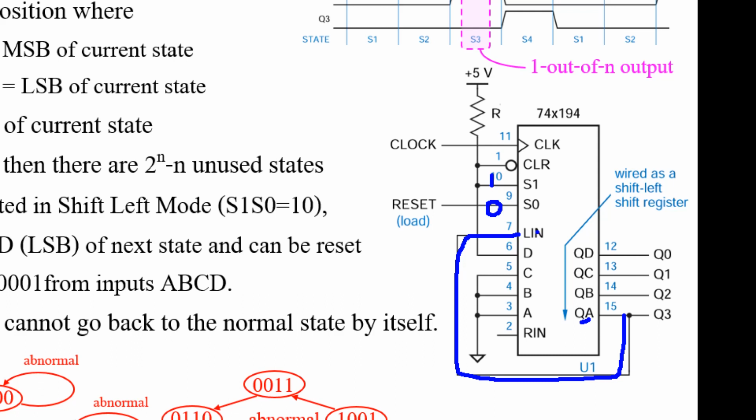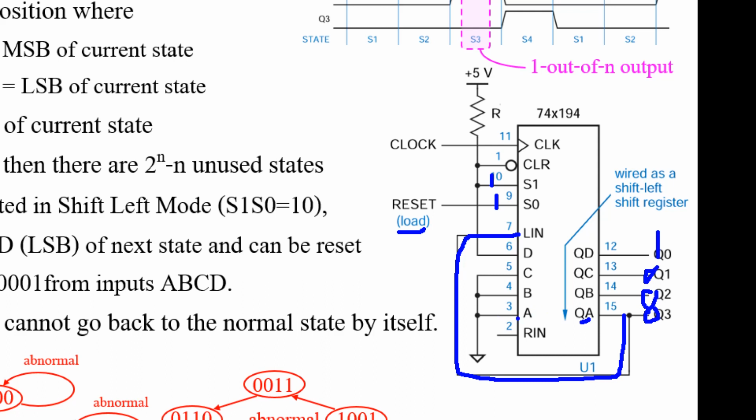But okay, to assign the initial value, you need to reset. In this case, you load. That means if the signal is 1, it's load mode, right? And the initial state maybe we want to be 0, 0, 0, 1.